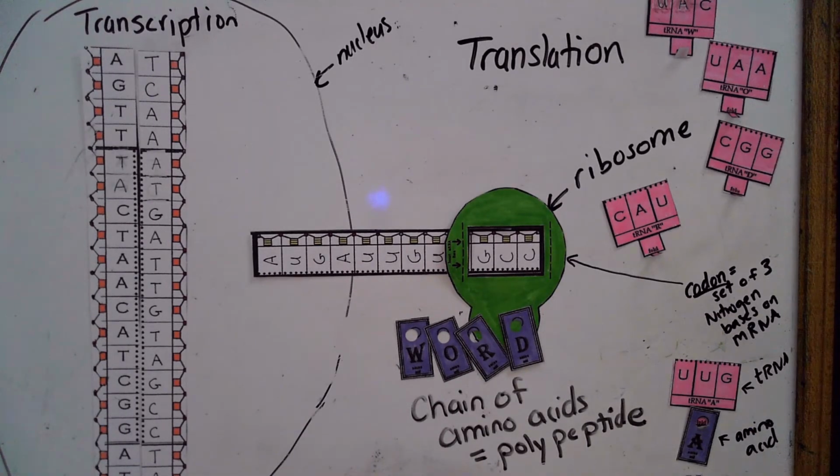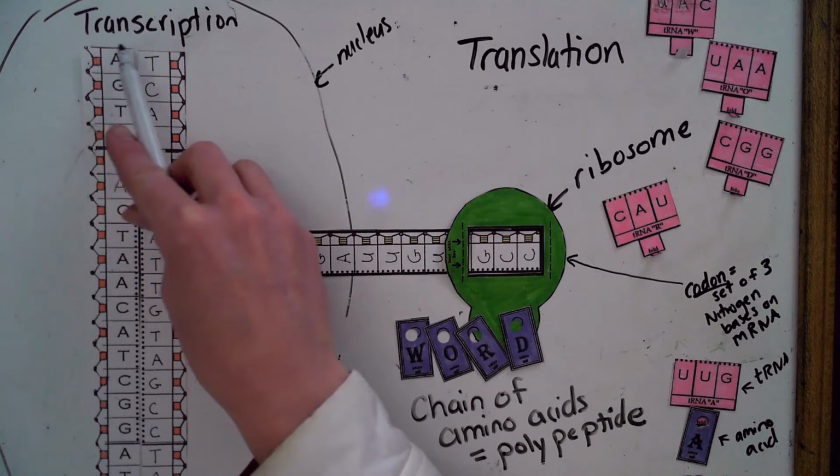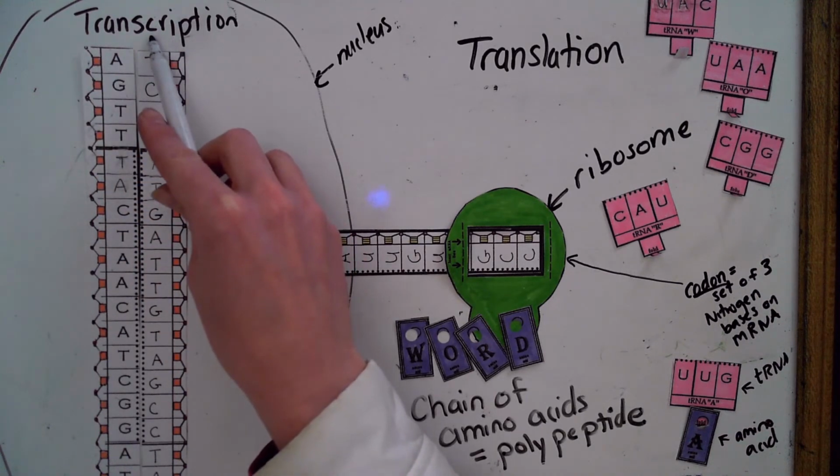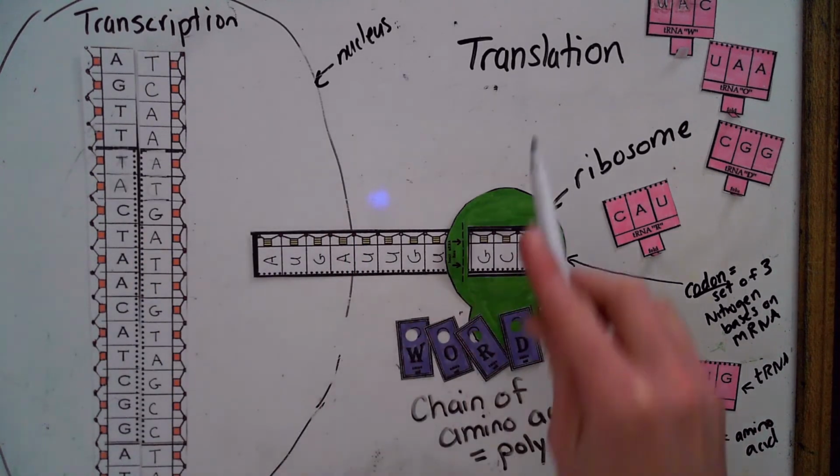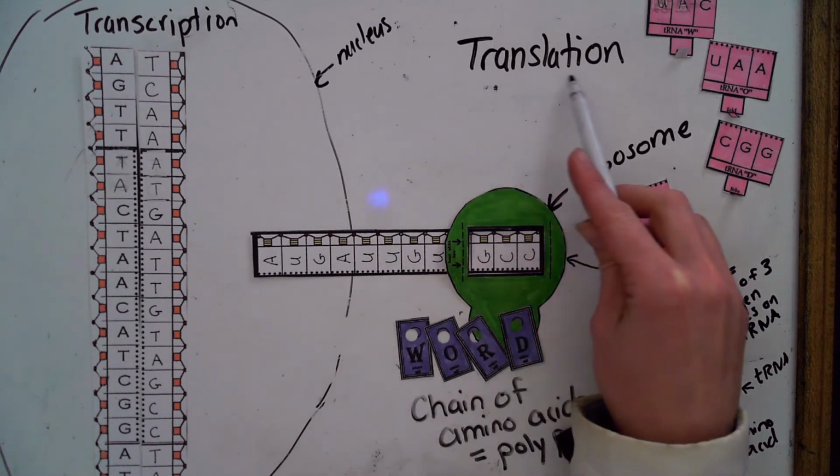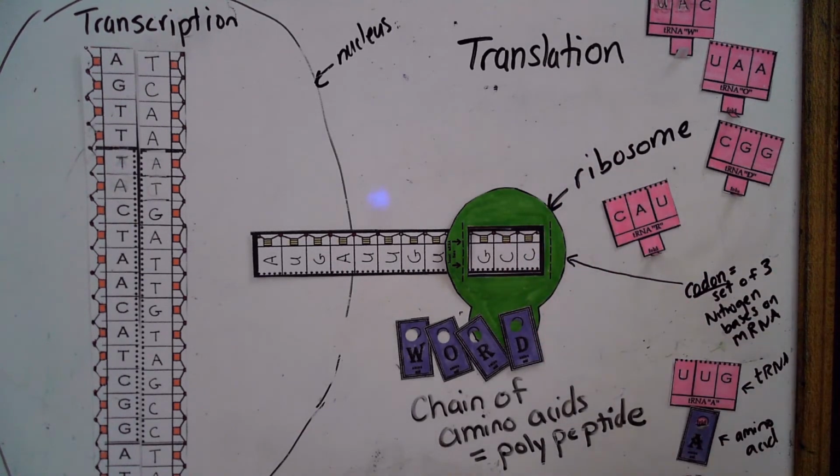So to summarize, protein synthesis is made up of two separate steps. The first step is called transcription, as a C, so it goes first. The second part is called translation, where we are actually changing the message into a very, very different thing.